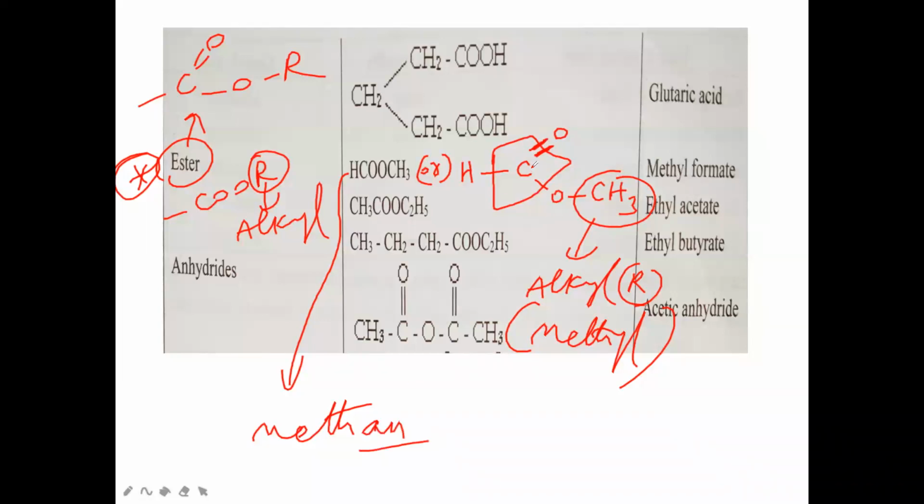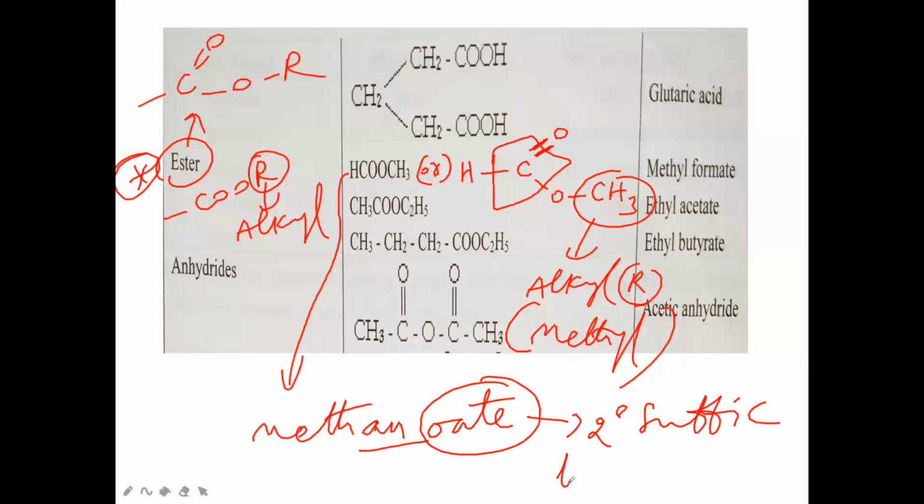The name is alkyl alkanoate. Methane plus oate. Oate is the secondary suffix for esters. So methanoate. Then what substituent is present on oxygen? CH3 is present.